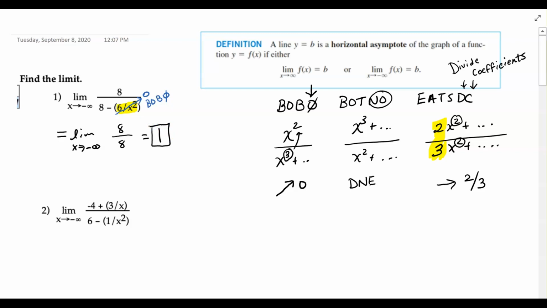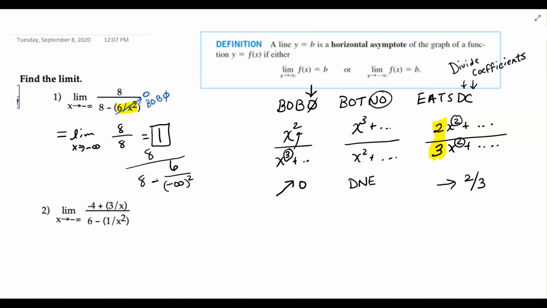Okay, but let's think about it in a different way. If I were to say plug in negative infinity, for example, so 6 over negative infinity squared, and this really is not what you're supposed to do, but I'm just wanting you to think about it. Well, the negative infinity squared becomes positive infinity, right?